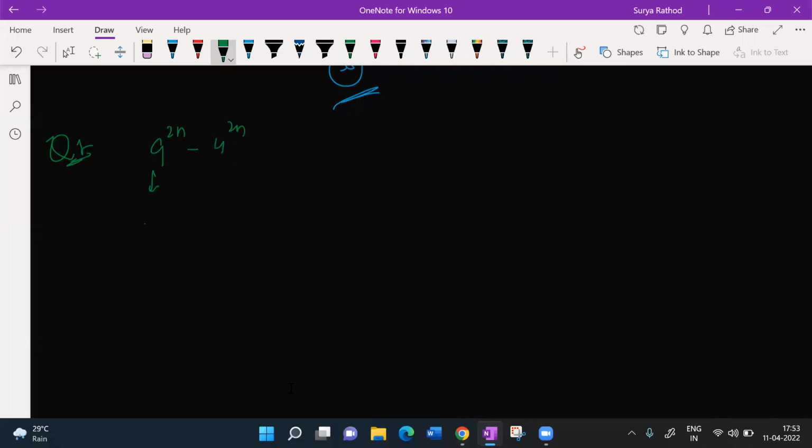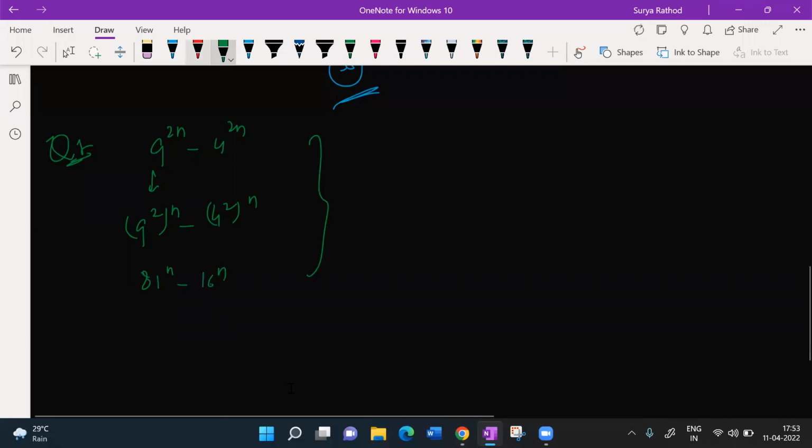So this can be written as 9 squared to the power of n. This can be written as 2 squared to the power of 2, so 4 squared is 16. Can you write like 16 to the power of n? Guys, it is 81 to the power of n minus 16 to the power of n.